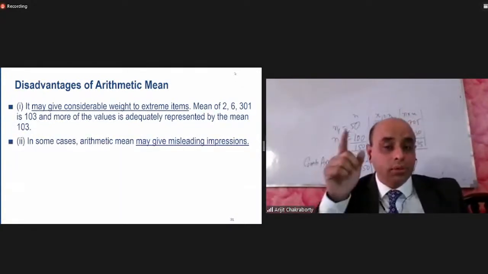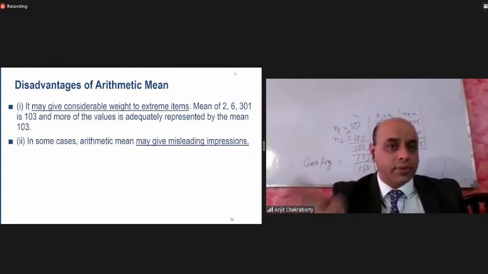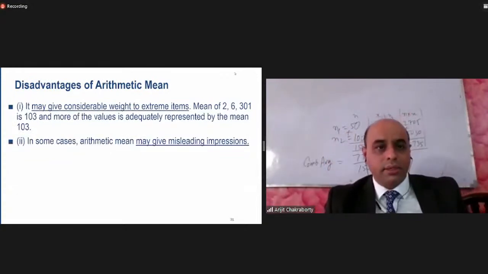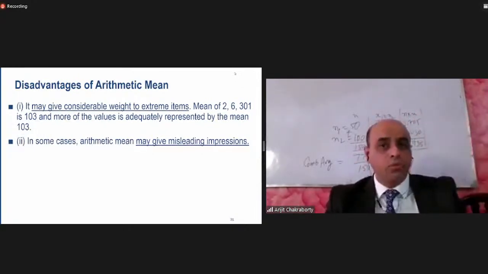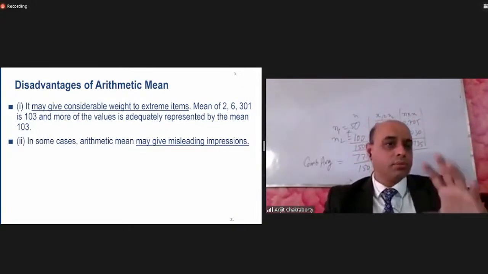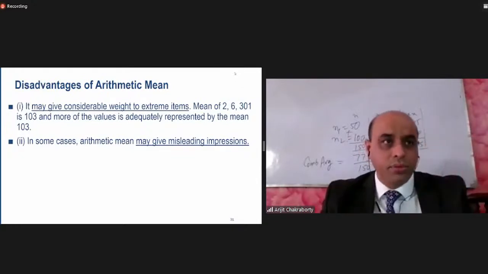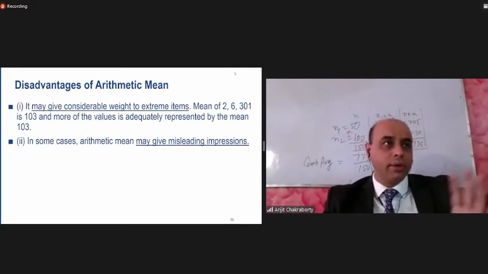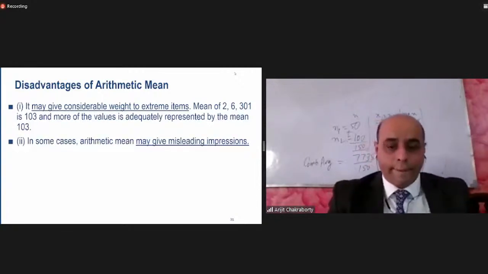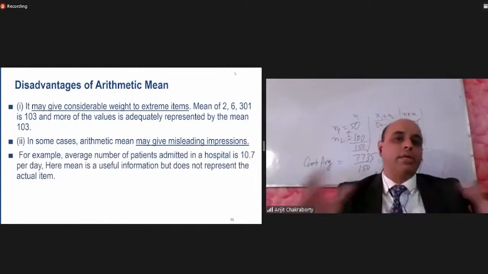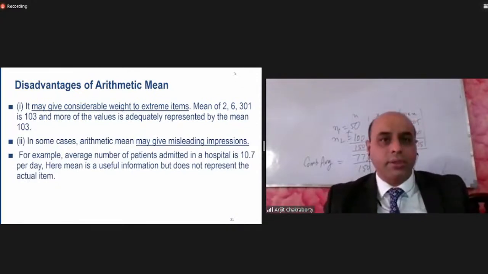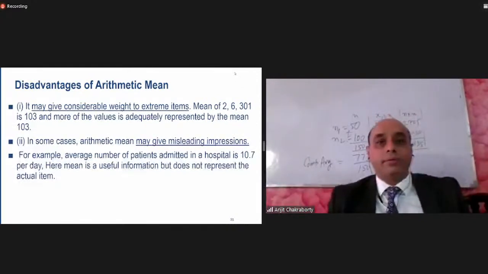Because you have taken an extreme value 301, the average is 103, which is much higher than either 2 or 6. So if you have extreme values, the arithmetic mean will move up and down. Also, you can get a fractional number, and that may give a misleading idea.